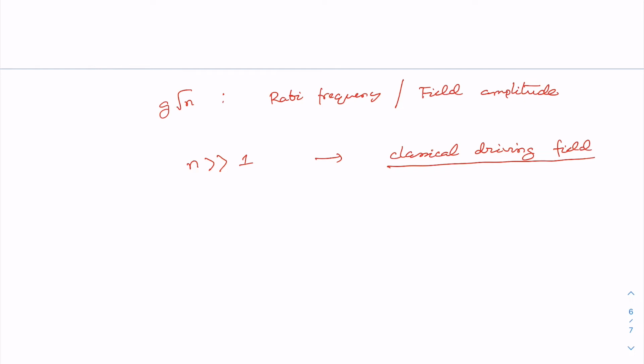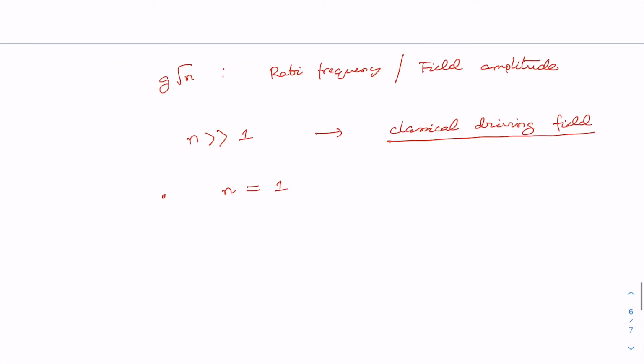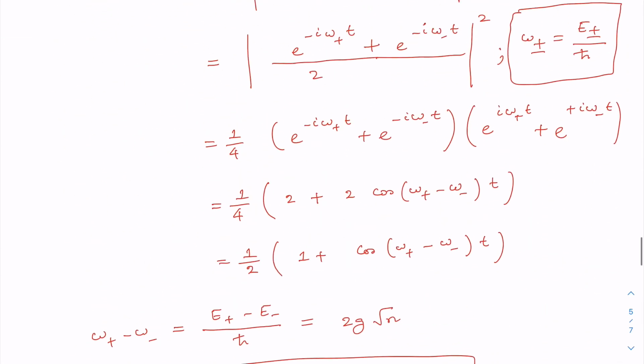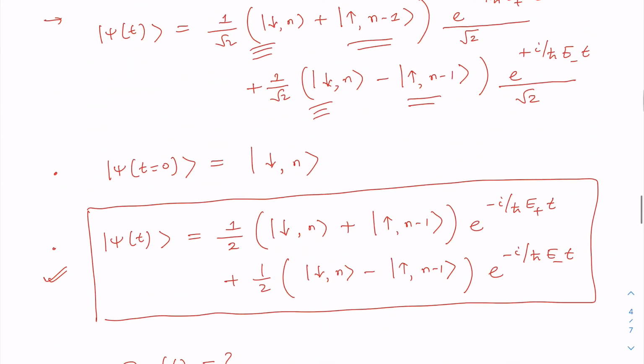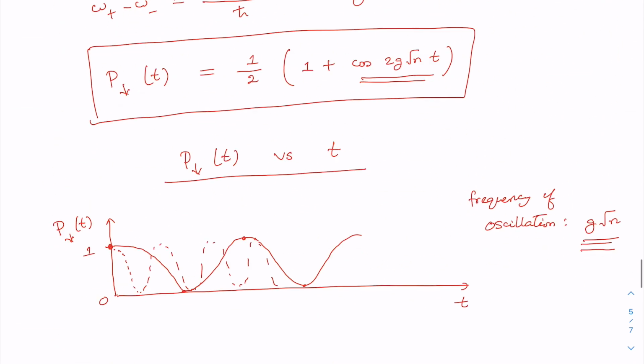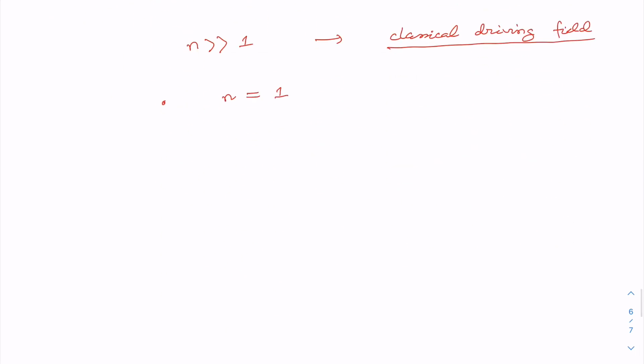On the other hand, there is another limit at the other side. In the extreme case, when n is equal to 1, that means you have only one photon in the field mode. Then, as you see from these expressions, we are going to have either the atom in the ground state with one photon in the field mode, or the atom in the excited state with no photon in the field mode.